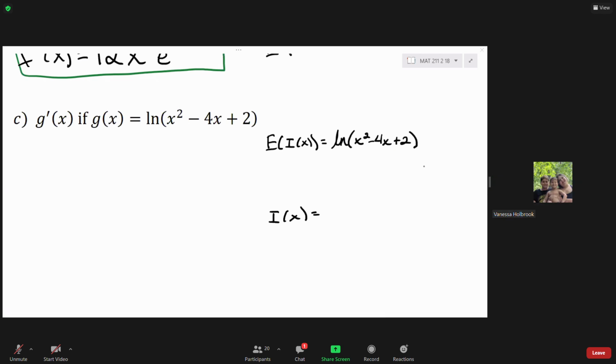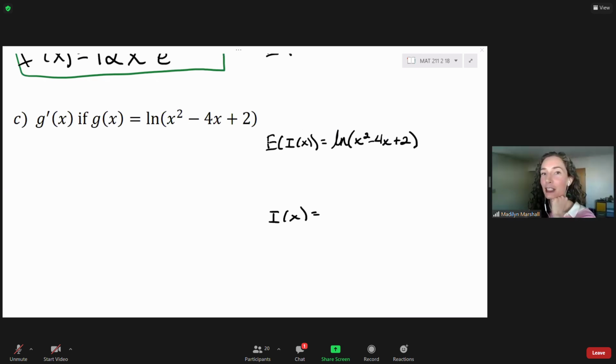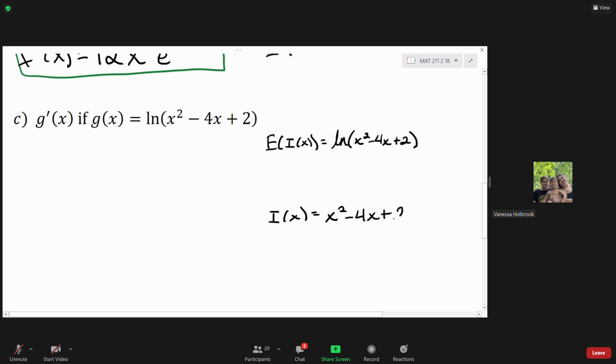So it's the same thing? Yes. So we haven't taken the derivative yet. We're just looking at the exterior with the interior on the inside of it. So our interior is x squared minus 4x plus 2.